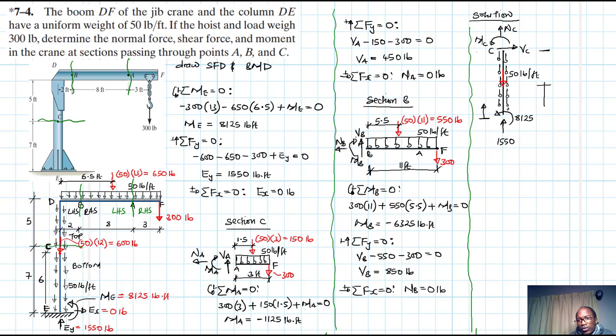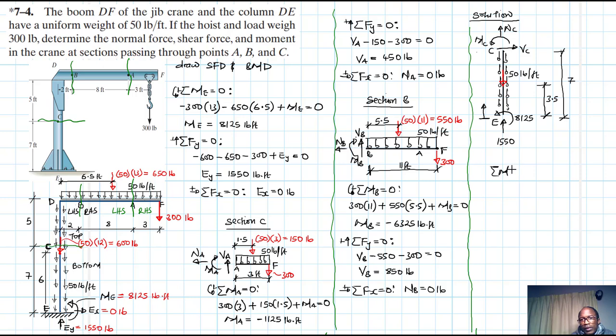This, where the distributed force will be acting, it will be half the length of E to C, which is at 7, so at 3.5. And the whole length of this beam is 7 feet. Then let's start now applying the equations of equilibrium.